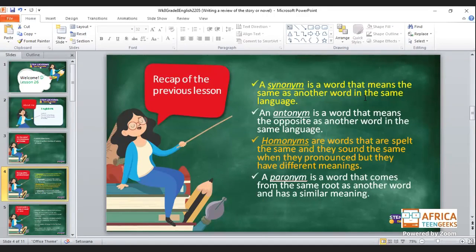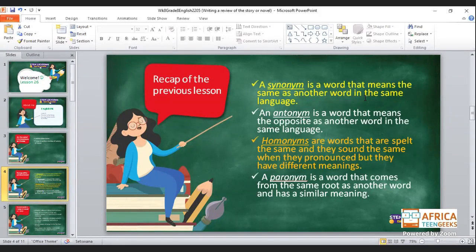An antonym is a word that means the opposite of another word in the same language. Antonyms are words which are opposites of each other, for example, left and right, up and down, male and female, beautiful and ugly, few and many, etc.